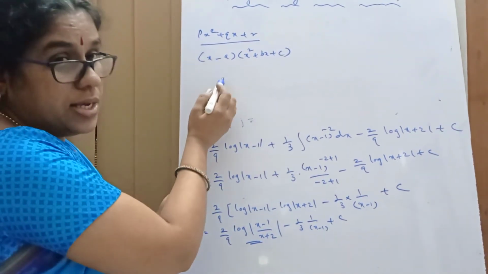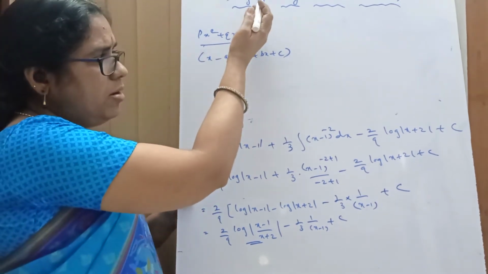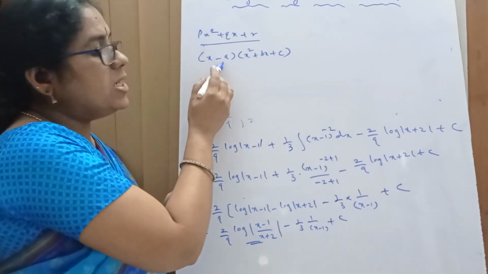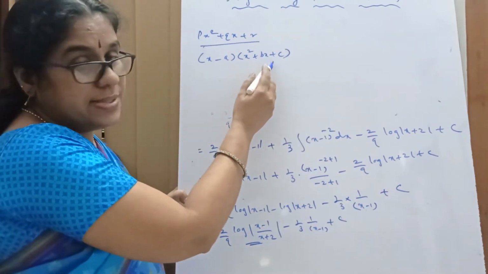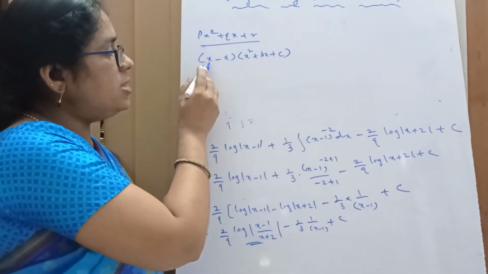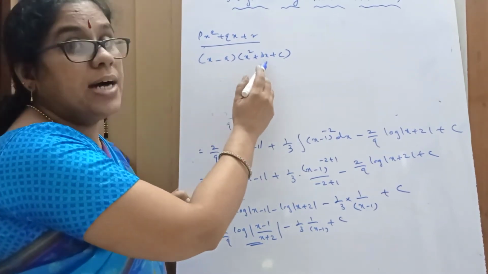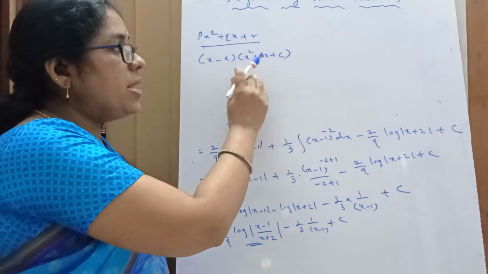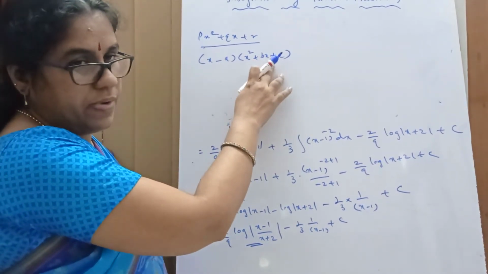Here the numerator is linear or quadratic, no problem. What about the denominator? One is a linear factor and the other is a quadratic factor. Here the power is 1, here the power is 2. One is a linear factor and the other is a quadratic factor that cannot be factorized. So we can't factorize the quadratic factor further.